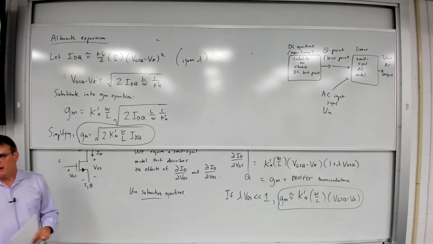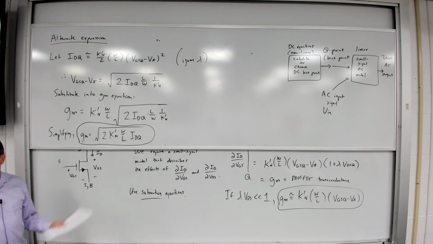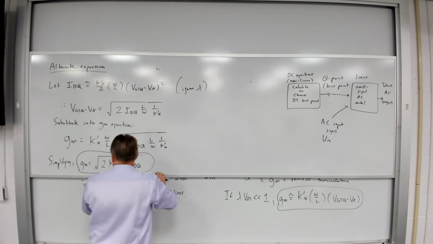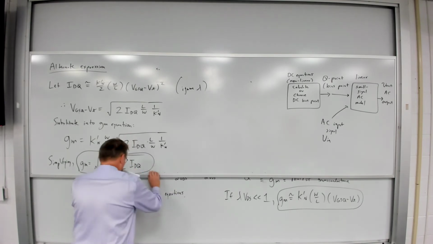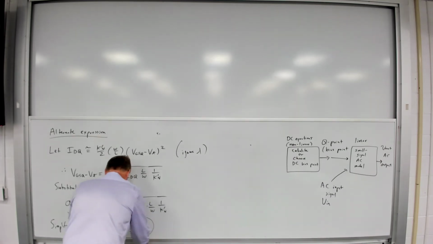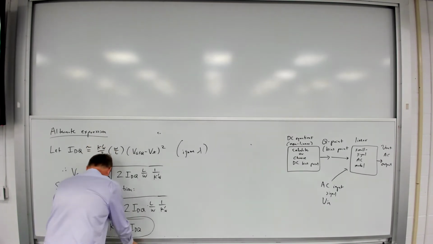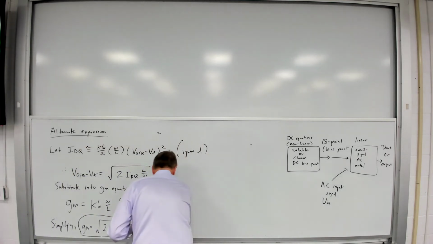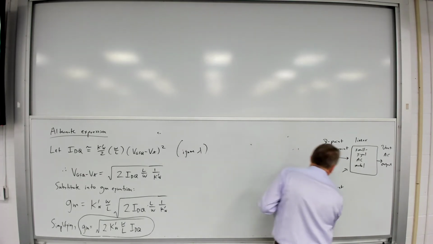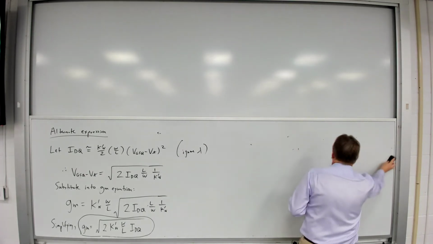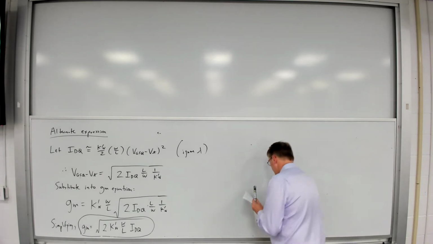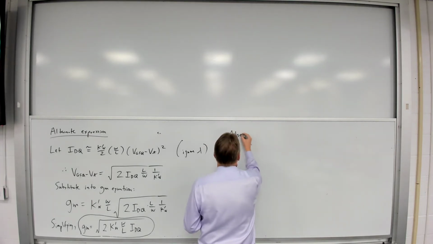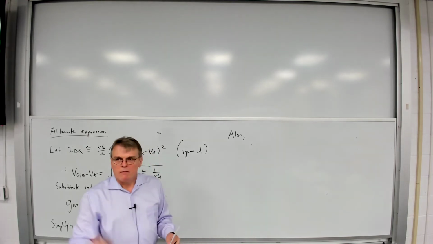All right, so there is a third equation we can use for GM, which once again relies upon us combining terms together. We can also write GM this way.